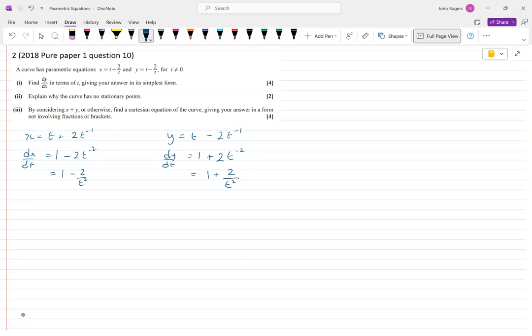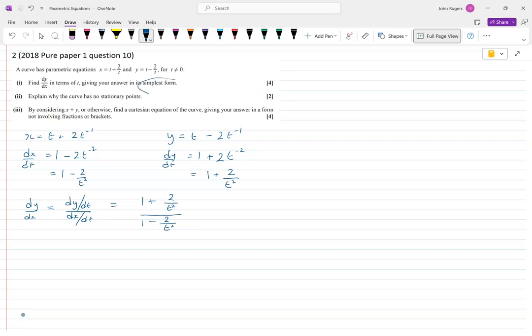Right, okay, so then now we can find dy by dx, which is basically dy by dt divided by dx by dt, which is equal to 1 plus 2 over t squared over 1 minus 2 over t squared.